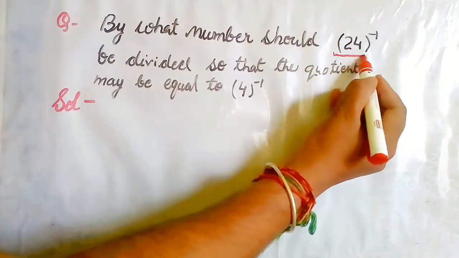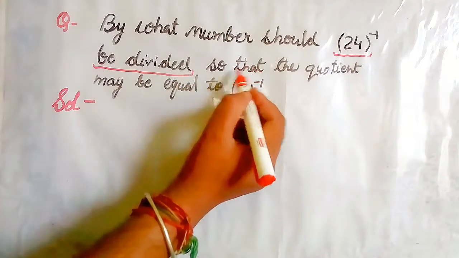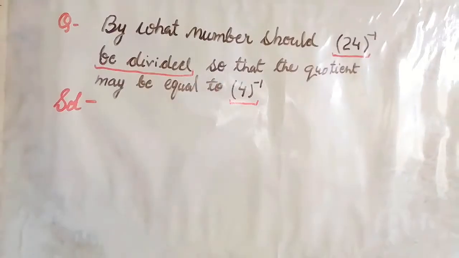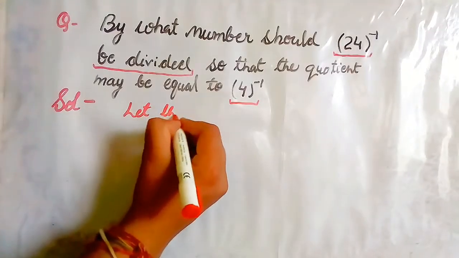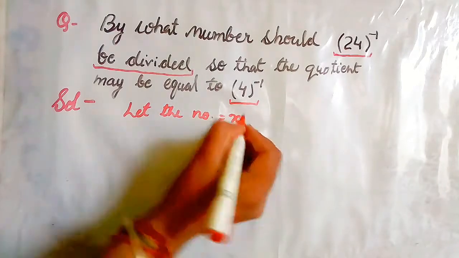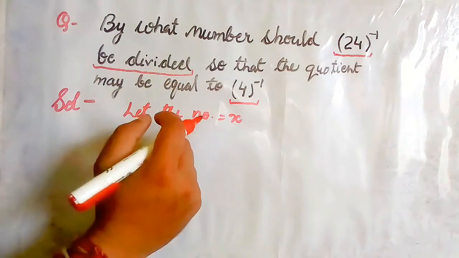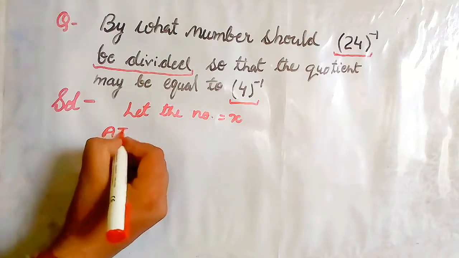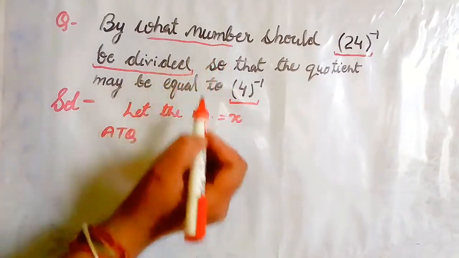Now let us see one more such case. By what number should 24^-1 be divided so that the quotient may be equal to 4^-1? So again, like the previous question, let the number be x. So according to the question, now see what must be divided?